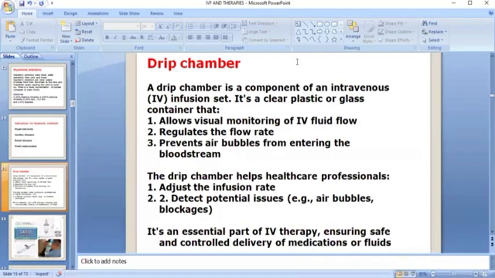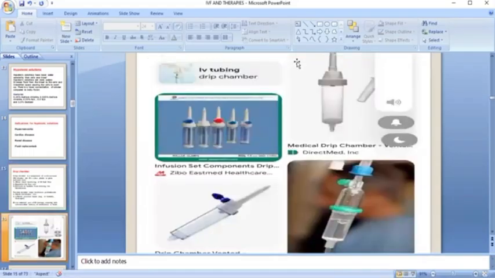It will also help you to detect potential issues like presence of air bubbles or blockages. Okay. It is an essential part of IV therapy. It ensures safe and controlled delivery of medications or fluids. So this is what we call the drip chamber.